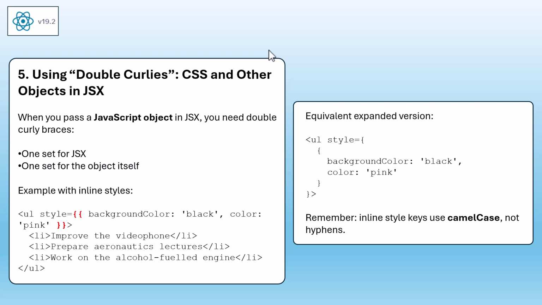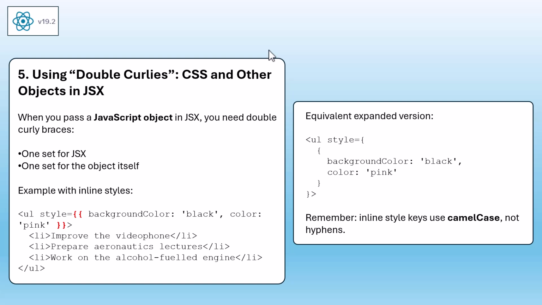5. Using double curlies, CSS and other objects in JSX. When you need to pass a JavaScript object to a JSX attribute, such as when defining inline styles, you use two sets of curly braces. The first pair tells JSX that what follows is JavaScript, and the second pair defines the object itself. It's simply a JavaScript object nested inside JSX curly braces.